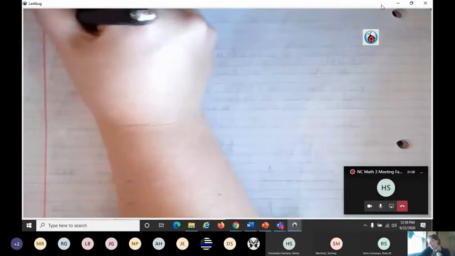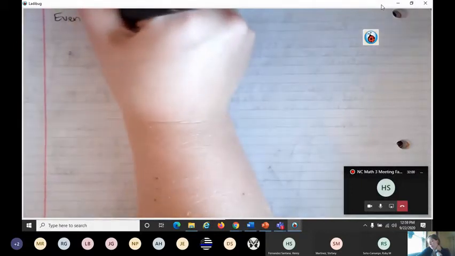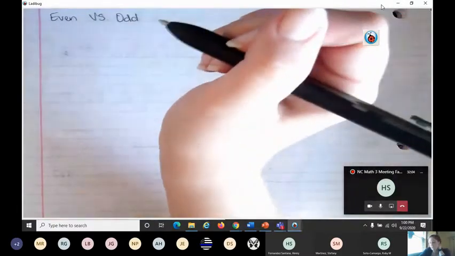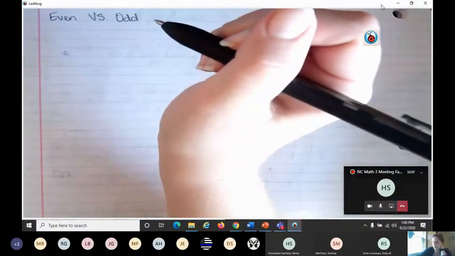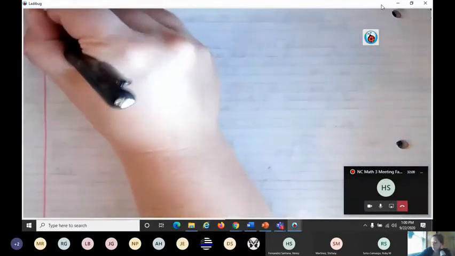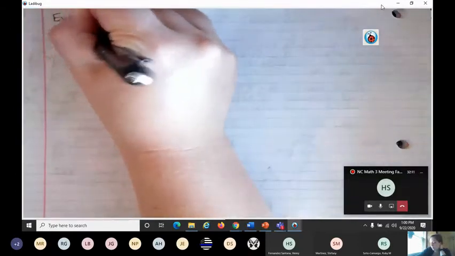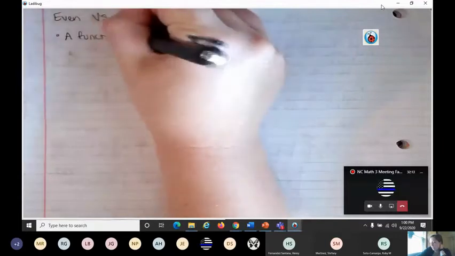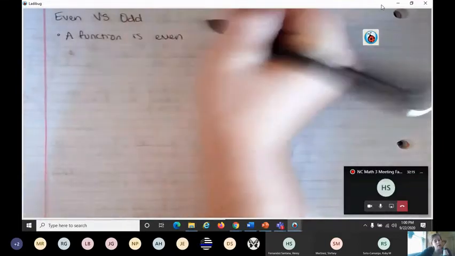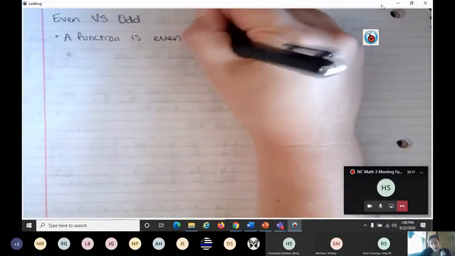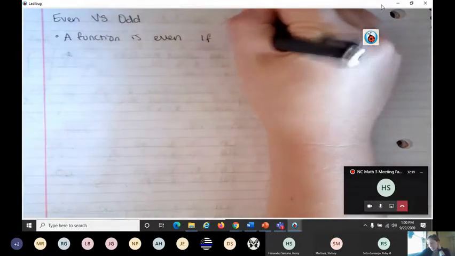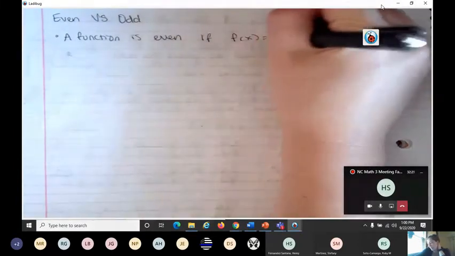All right, so now we're doing even versus odd functions. First we're going to define even functions and then we'll define odd. So a function is even if f of x is equal to f of negative x.